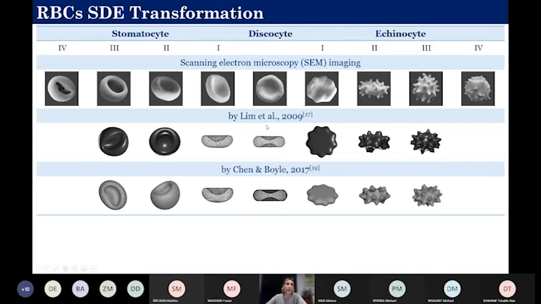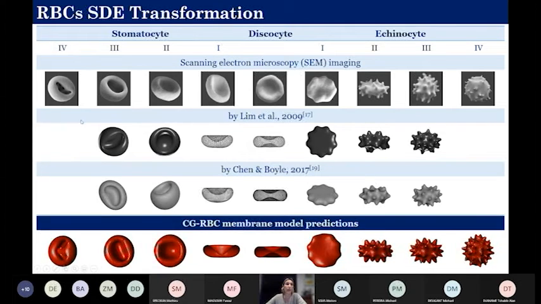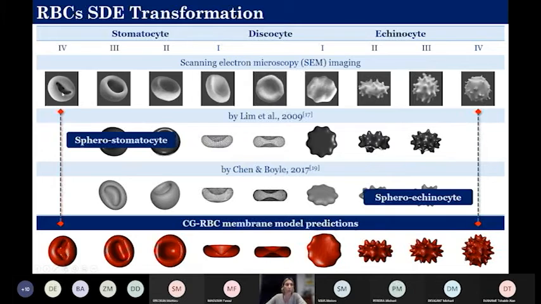The main difference with our model is we are capable of obtaining all the morphologies, so even the spherostomatocyte and the spheroechinocyte shapes. So we can not only limit ourselves to this echinocyte 3 or stomatocyte 3, but we can go all the way through the morphologies that can be observed for those red blood cells.